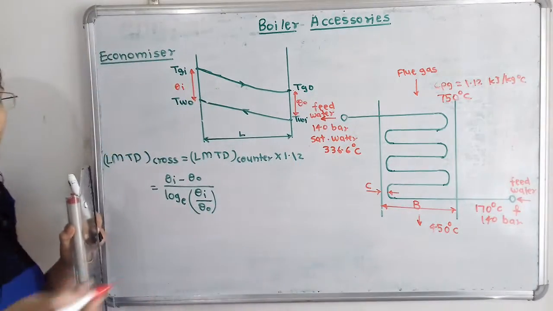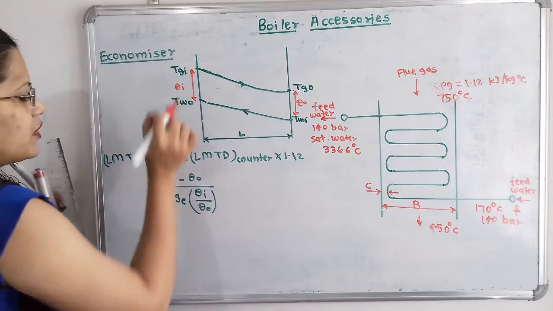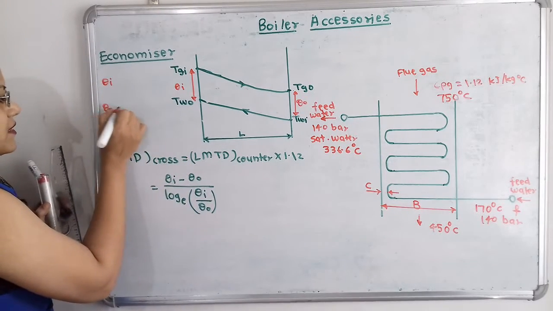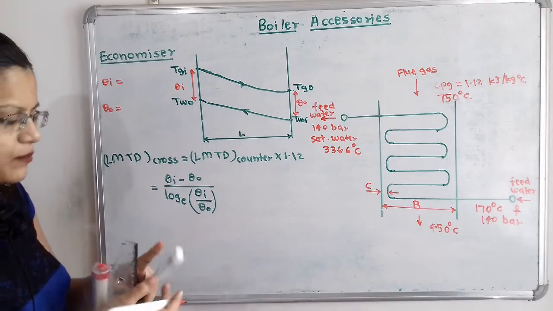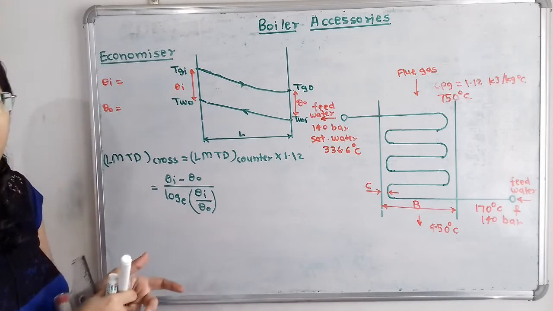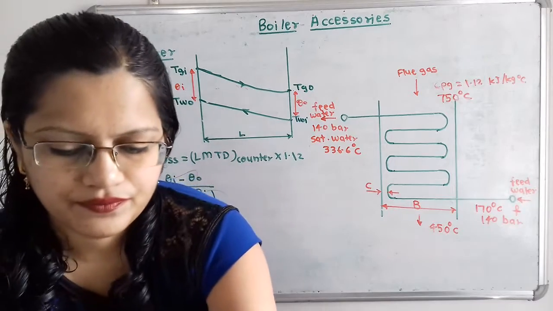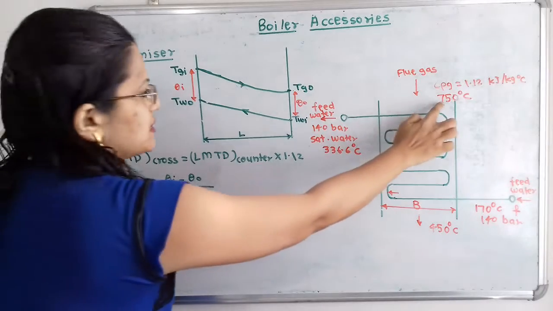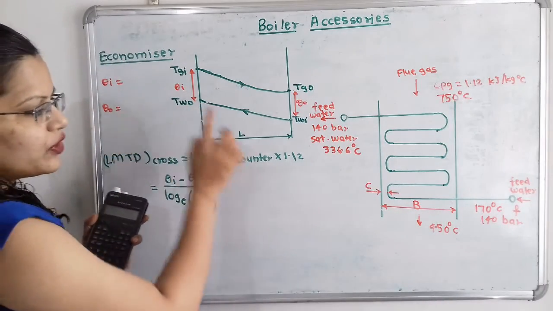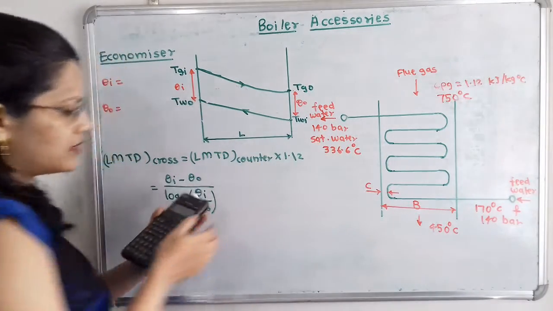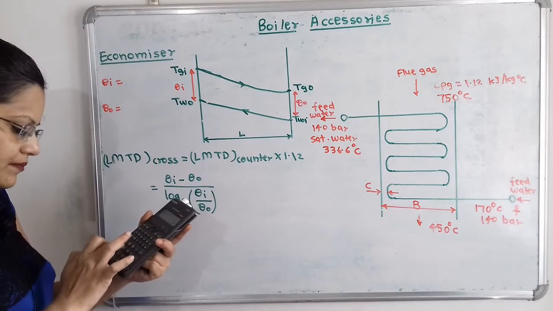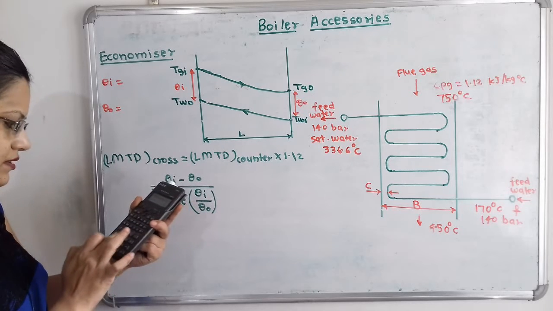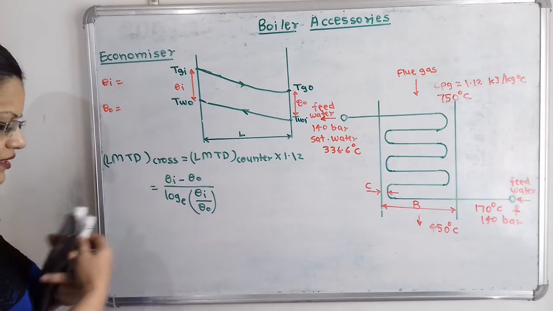Now how to calculate theta I and theta O? First I will take theta I, and here I will take theta O. Now with the help of the diagram only we will make the calculations. So Tgi is 750 and TWO is 336.6. So 750 minus 336.6 is 413.4.